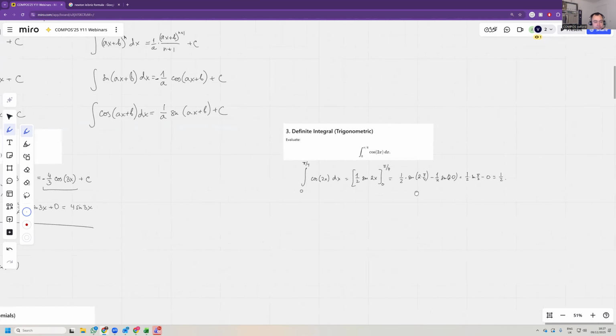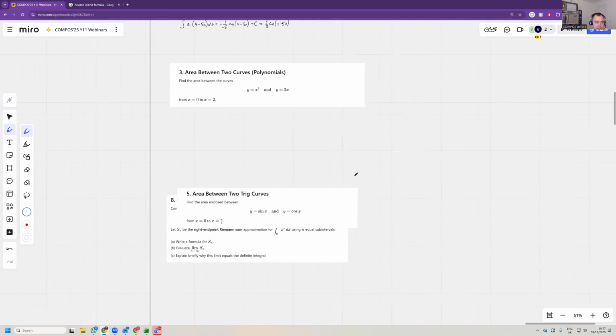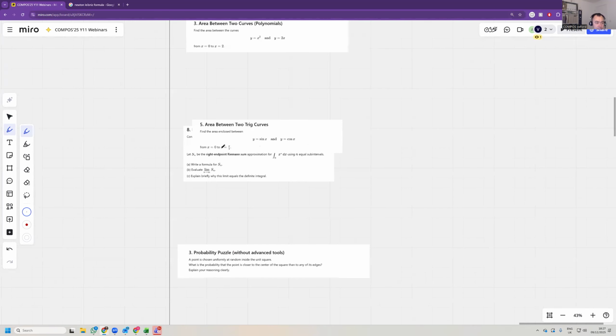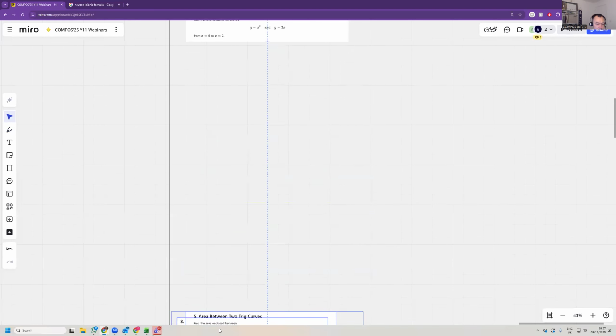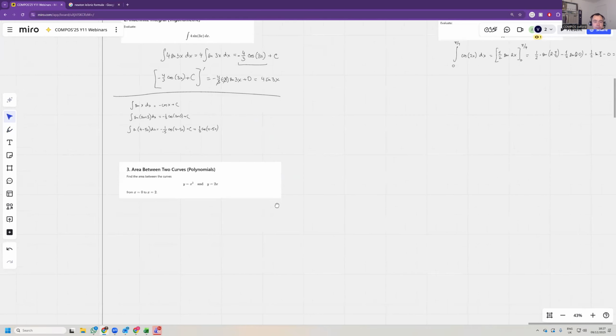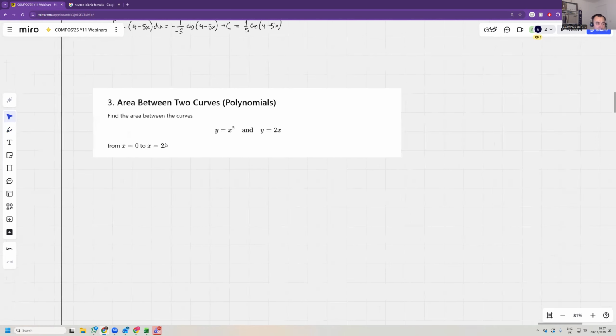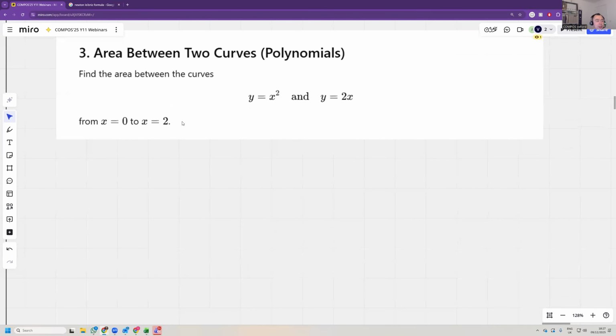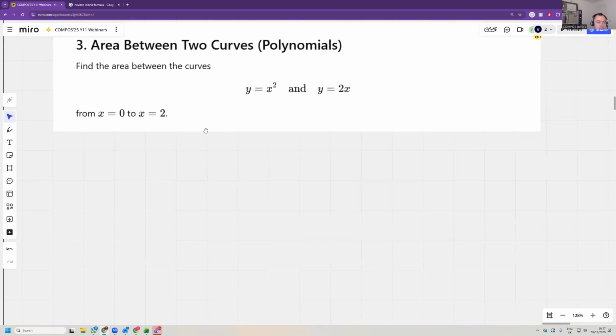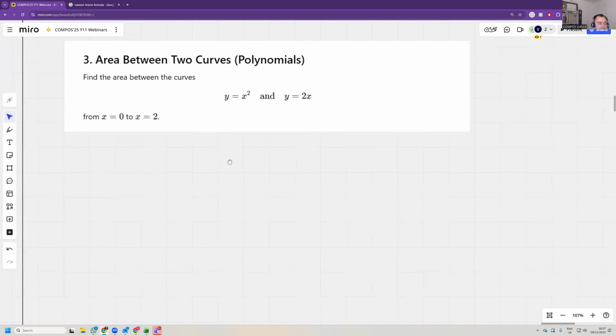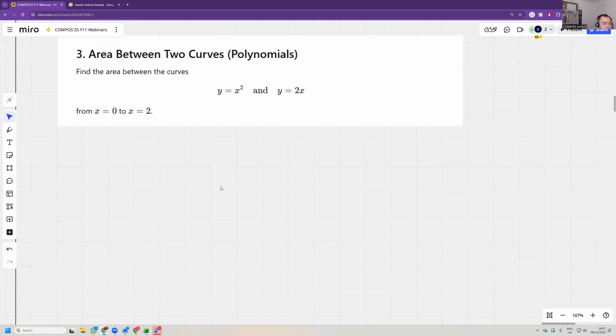Moving on to the next question. Area between two curves. You have two curves, and you need to find the area between them. So you would normally start with a sketch. So y equals x squared.